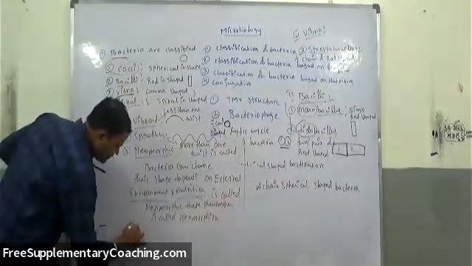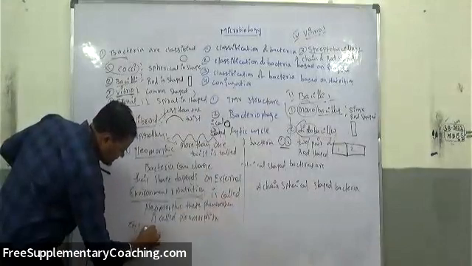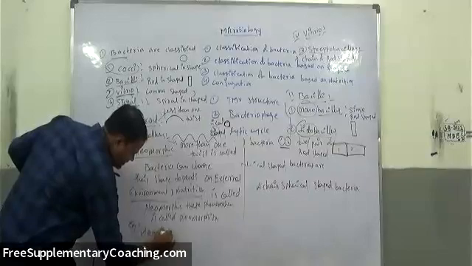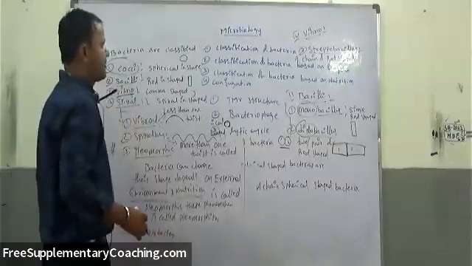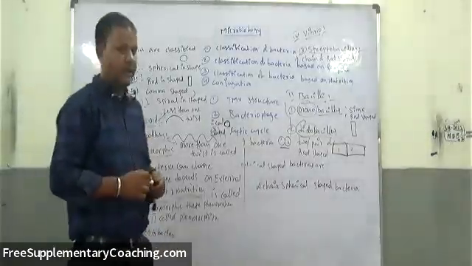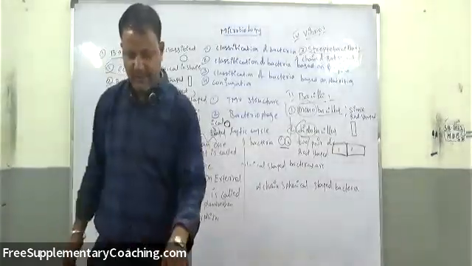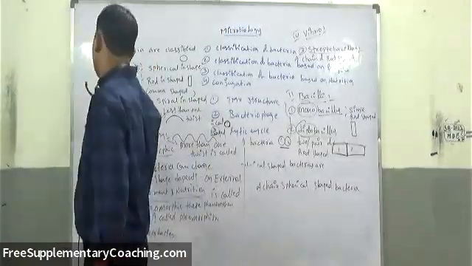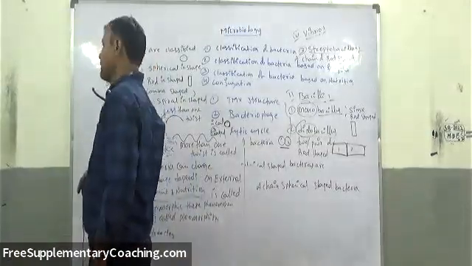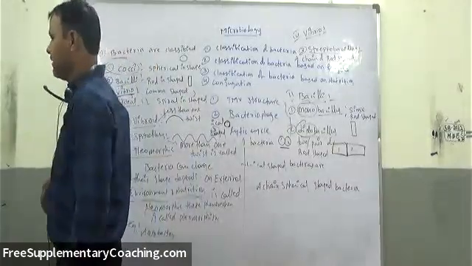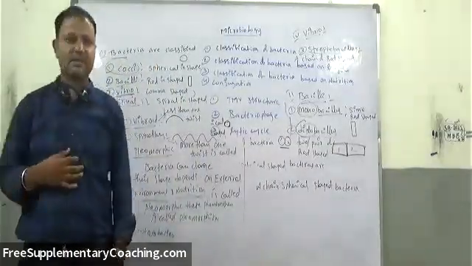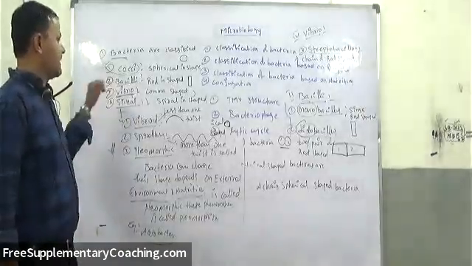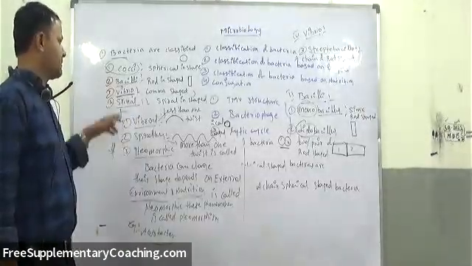Example is also important. Example is acetobacter. These are the classification of bacteria. Bacteria are classified based on morphological character: cocci, bacilli, vibrio and spirillum. Cocci are further divided into monococcus, diplococcus, tetracoccus, streptococcus. Bacilli into monobacilli, diplobacilli and streptobacilli.